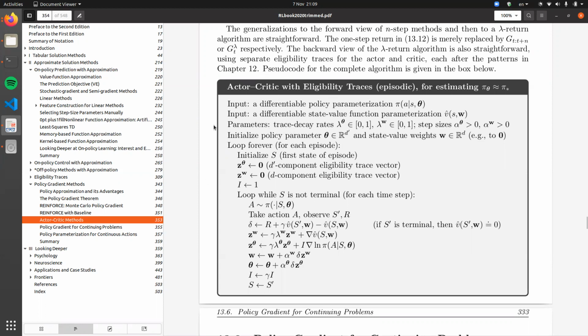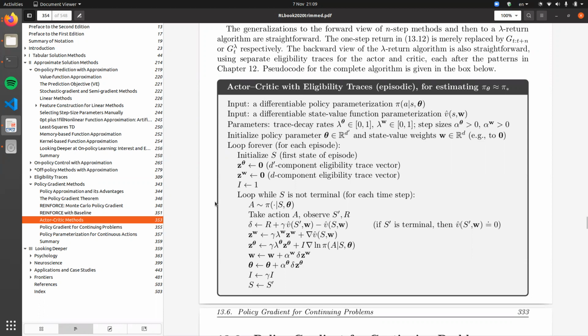And here we have the eligibility traces algorithm, probably the most useful of all those, the complete backward view eligibility trace algorithm.